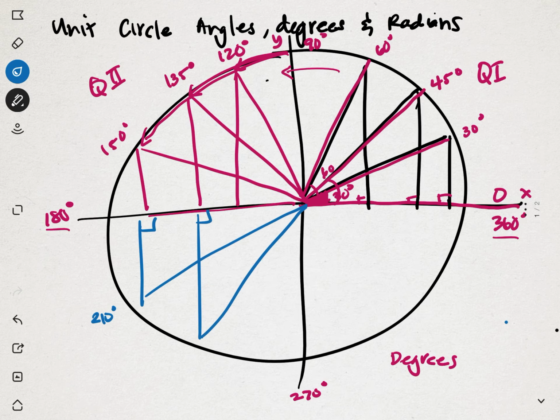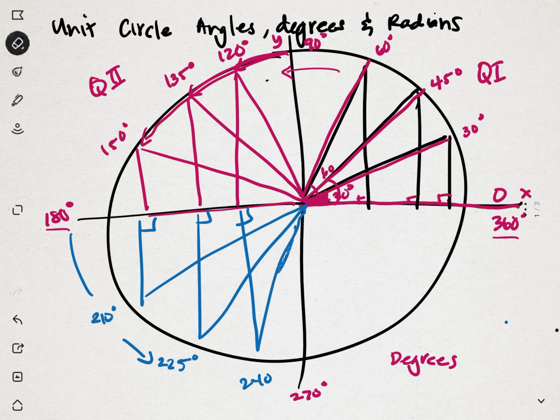So if we add 45 to 180, then we get 225. And then if we add 60 to 180, we get 240. Sorry, that's not very straight. There you go.